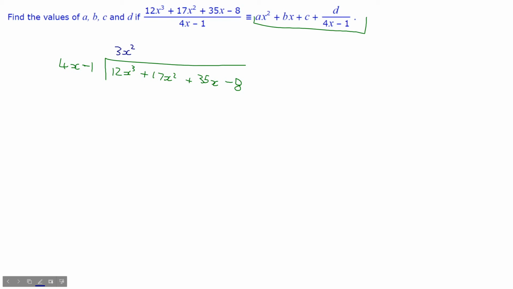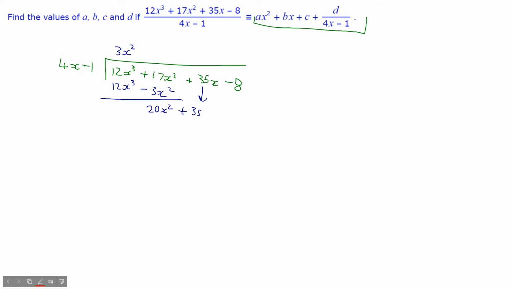squared. So let's times 3x^2 by this. So we're left with 12x^3 - 3x^2. And so what we're left with is 20x^2. Take down the 35x. How many times does 4x go into 20x^2?